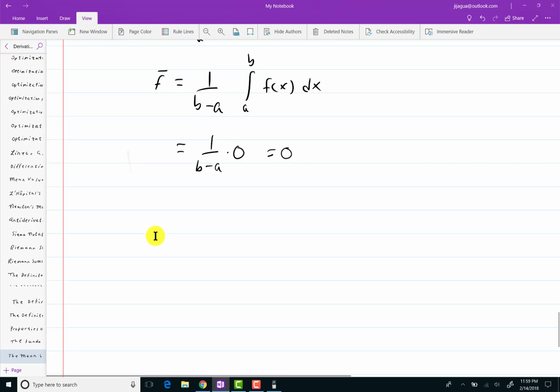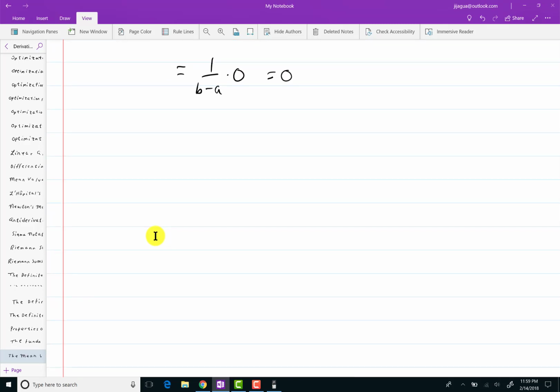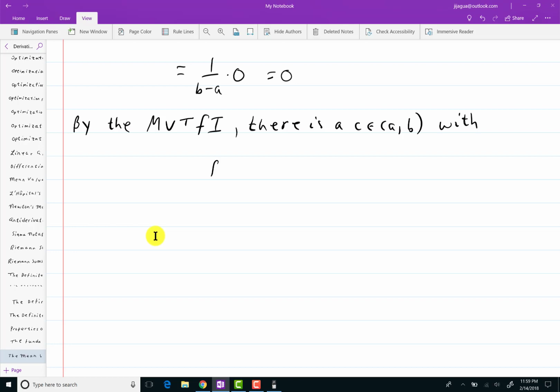But by the mean value theorem for integrals, there is a c in the open interval (a, b) with f of c equals f bar. What does that mean then?